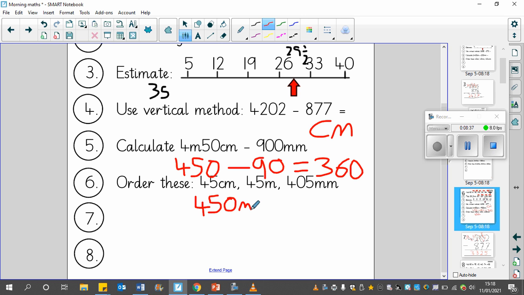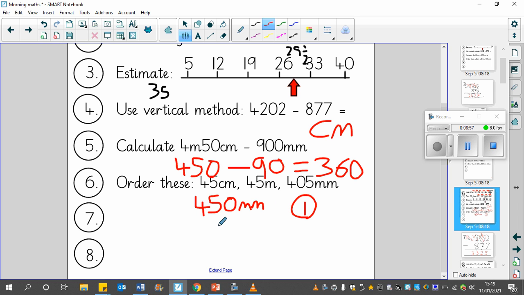So now the question is, which is less, 450 or 405? And obviously 405 is the smallest, so therefore this is the first one you should write down.